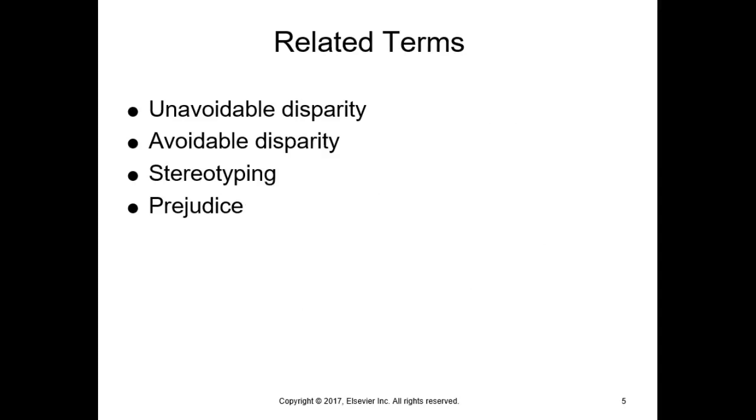Here are some special terms that I do want you to look at in your textbook: unavoidable disparities, avoidable disparities, stereotyping, and prejudice. We'll talk a little bit more about that in a few minutes. When we look at avoidable and unavoidable, they have a nice little diagram, and it's also up on your Blackboard site.